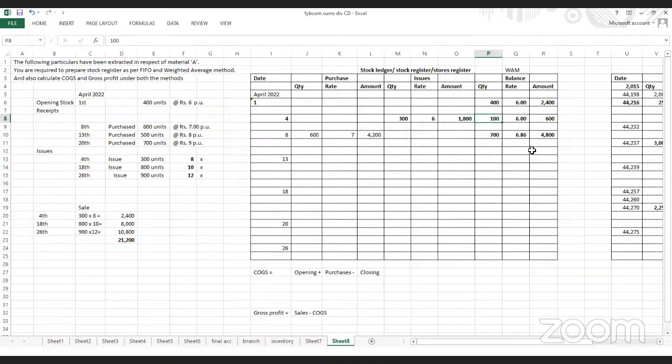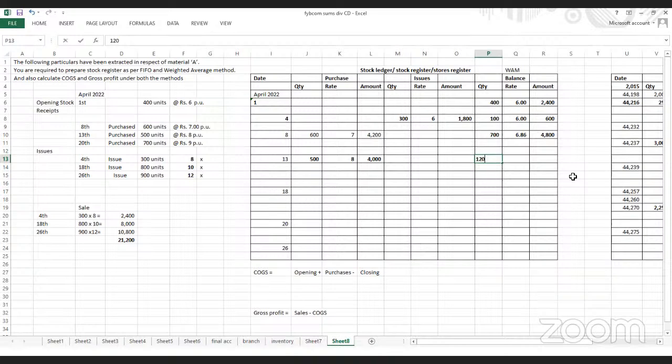Next date is 13th. So on 13th, again a new purchase is there. So I'll add units. 500 units. Rate is 8. So amount will be 4,000. Now how to write closing balance, students? Simply add the previous closing, that is 700 plus new units purchased 500.